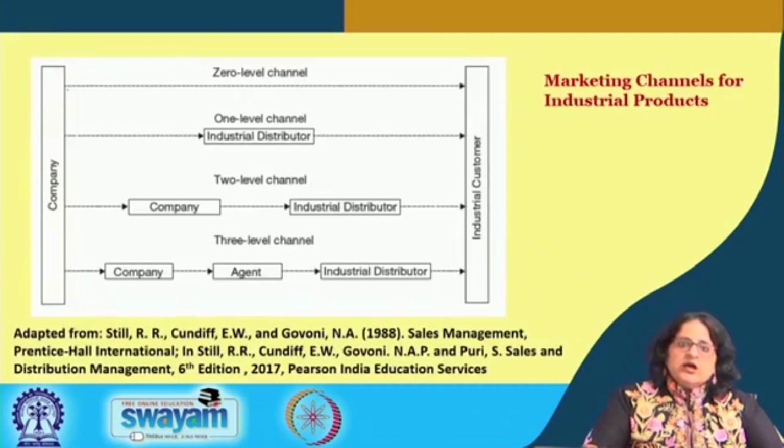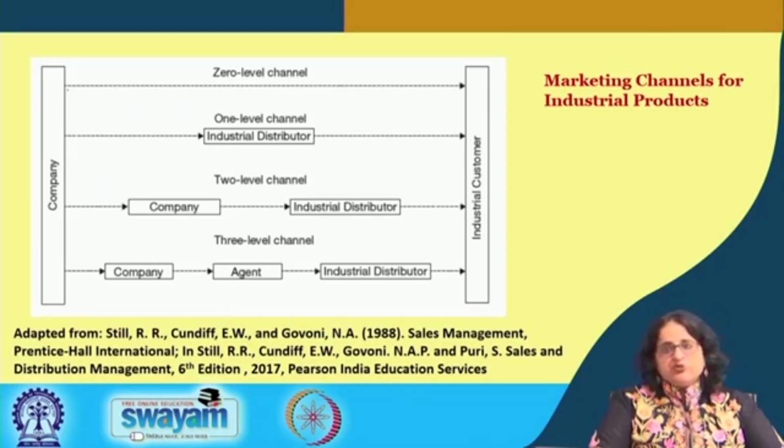So this is how it looks, where in the case of a 0 level the company directly deals with the industrial customer. In the case of 1 level there is an industrial distributor in between the company and the industrial customer, and in the case of 2 level there is a company and then there is another company representative and an industrial distributor between the company and the industrial customer.